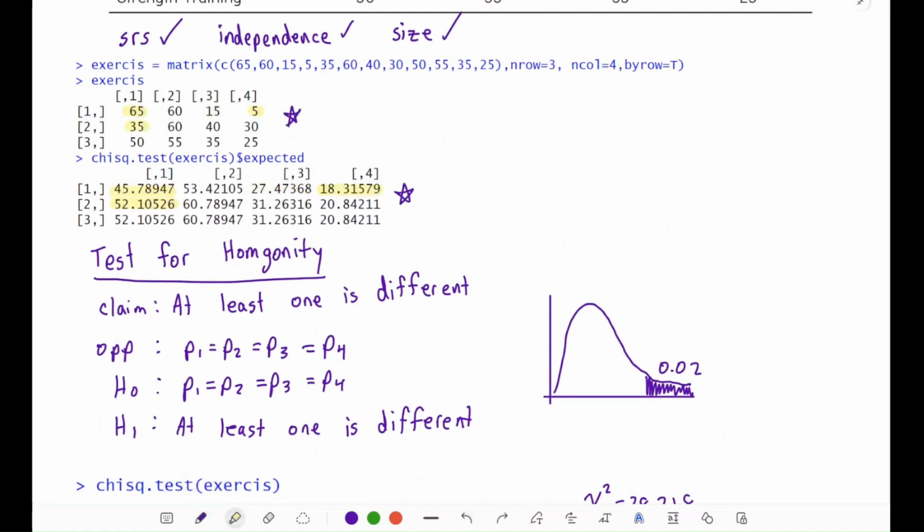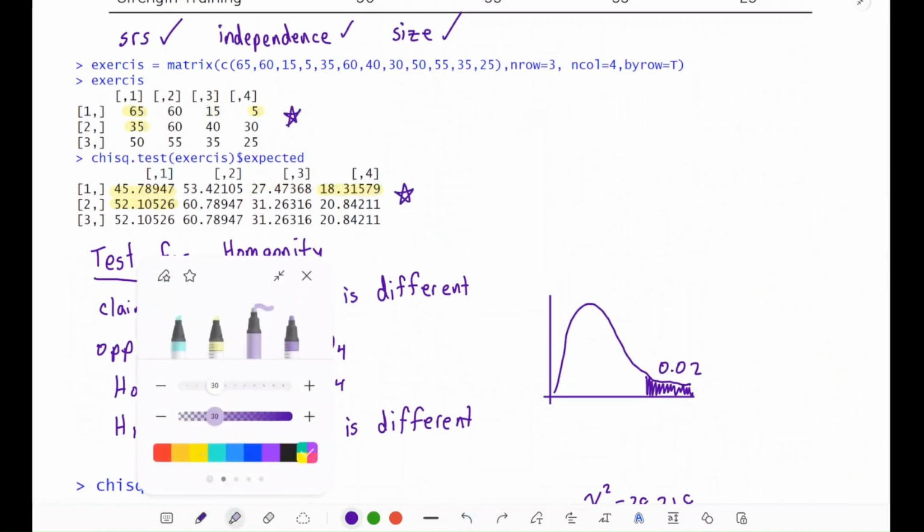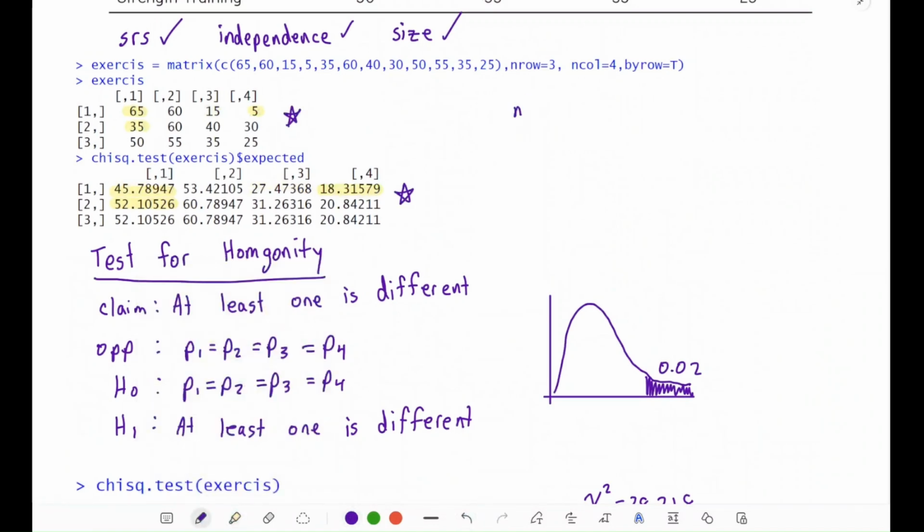And when we do that, we get 475, so that means our grand total, or N, is equal to 475, and take about 5% of that.